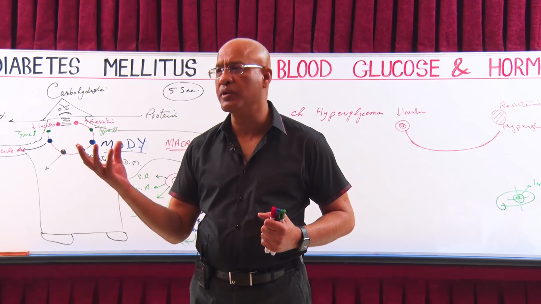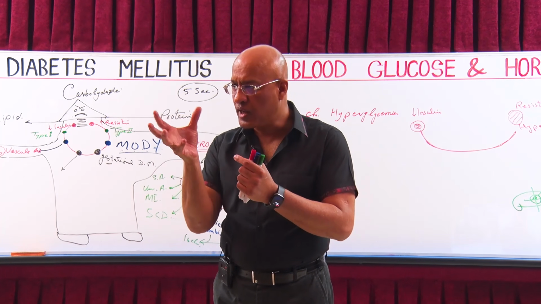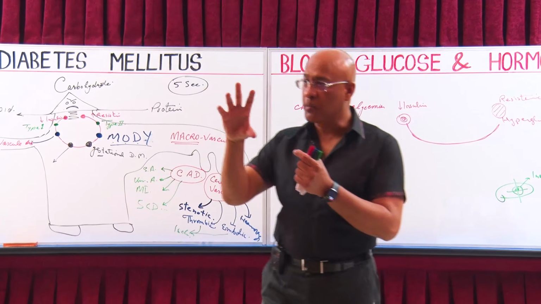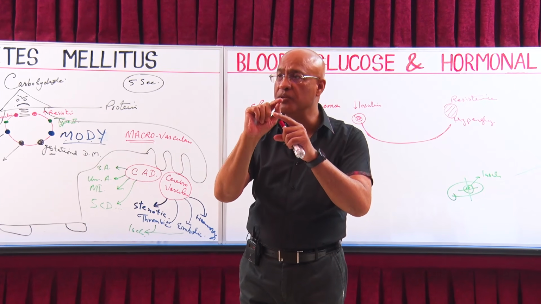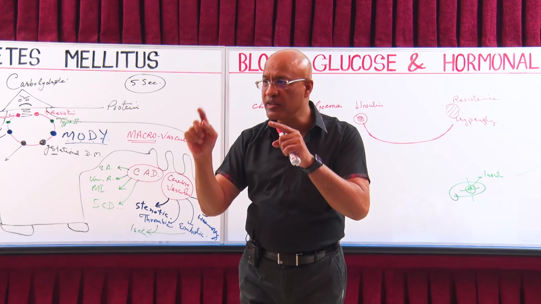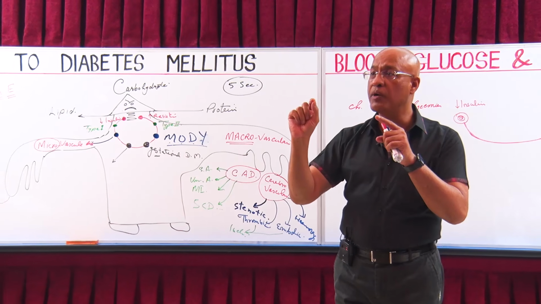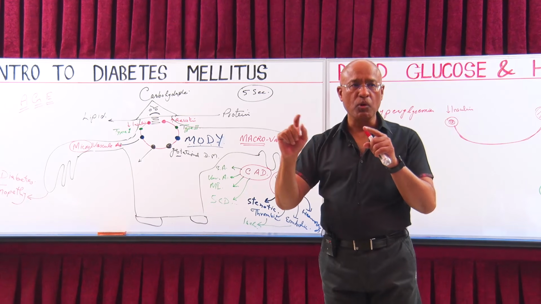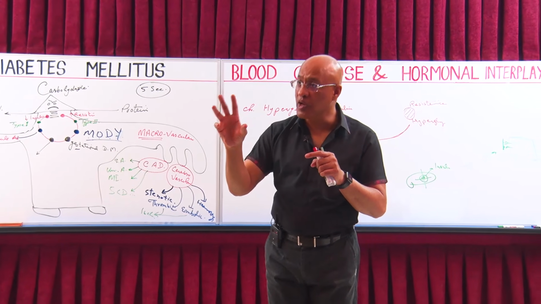I think they love too much sweetness. In the glomerulus there are glomerular capillaries, and between the capillaries there is a substance called mesangium. So the capillary, their basement membrane and their mesangium, all of them develop advanced glycation products, and that will lead to damage to the glomeruli.